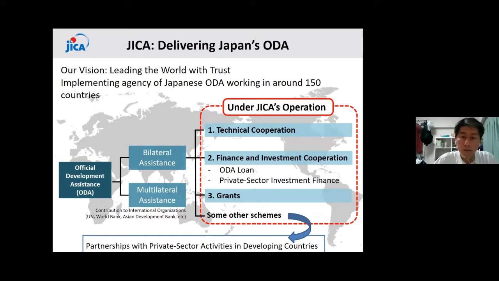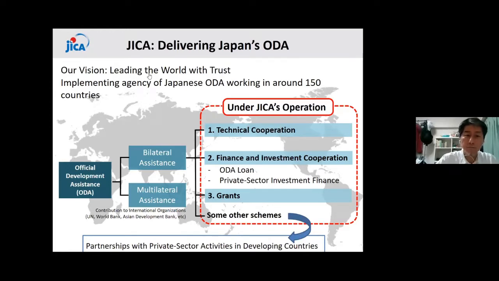One is bilateral assistance, and the other is multilateral assistance. Multilateral assistance includes contributions to international organizations such as UN agencies, the World Bank, Asian Development Bank, etc. But we, JICA, are involved in bilateral assistance. And in this bilateral assistance, there are mainly three categories. Firstly, technical cooperation. The second is finance and investment cooperation, including ODA loans and private sector investment finance. And thirdly, grant aid.